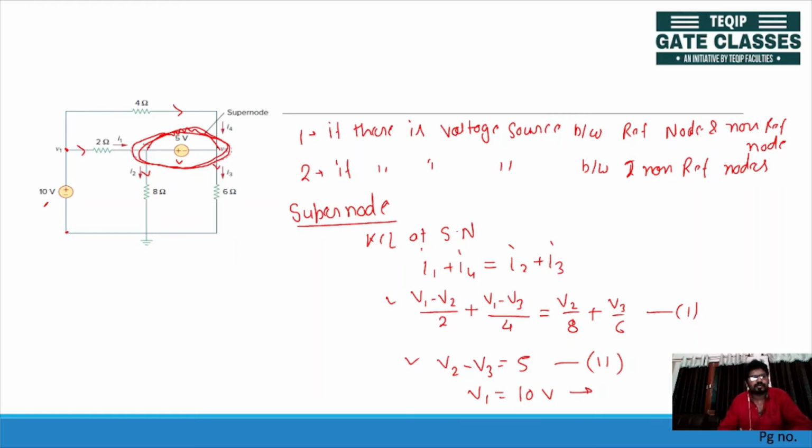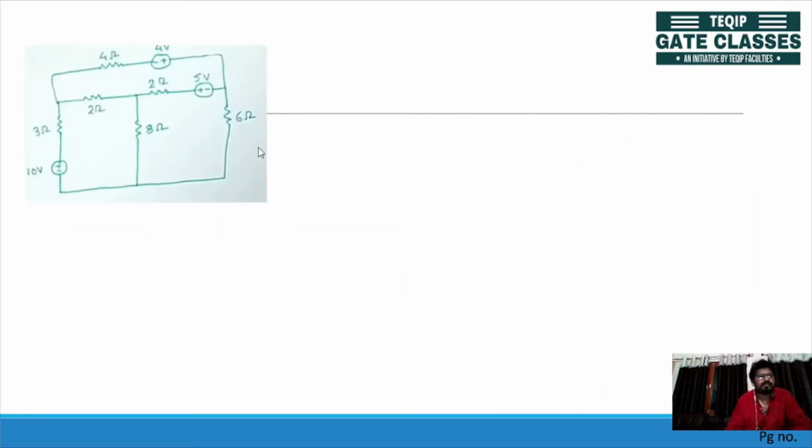Okay, so we can take an example also. Here we have an example with a 4 volt source. We'll discuss this very quickly. What we have to do is apply nodal analysis. The first step, assign node voltages. Let's say this is V1, this is V2, this is V3.